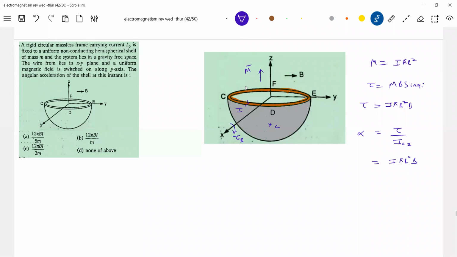So what is the moment of inertia of this particular hemispherical shell about the axis passing through center of mass and parallel to x-axis? This is the x-axis. Small I, I'll write it.